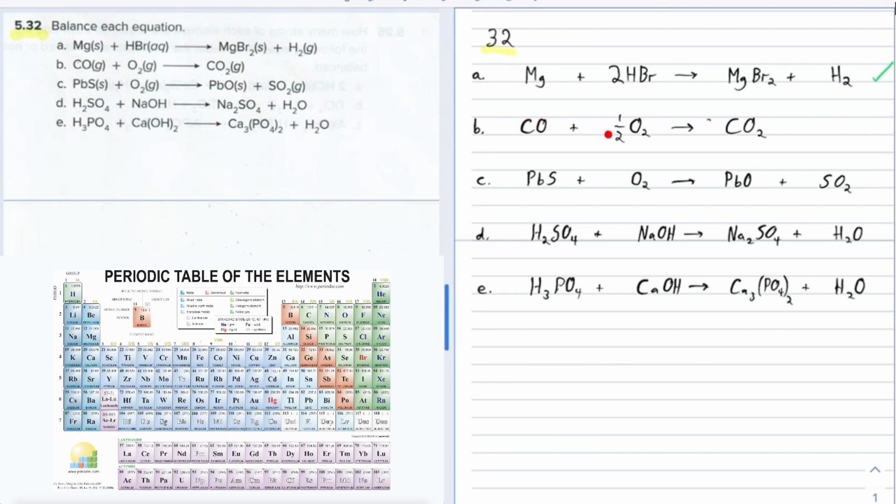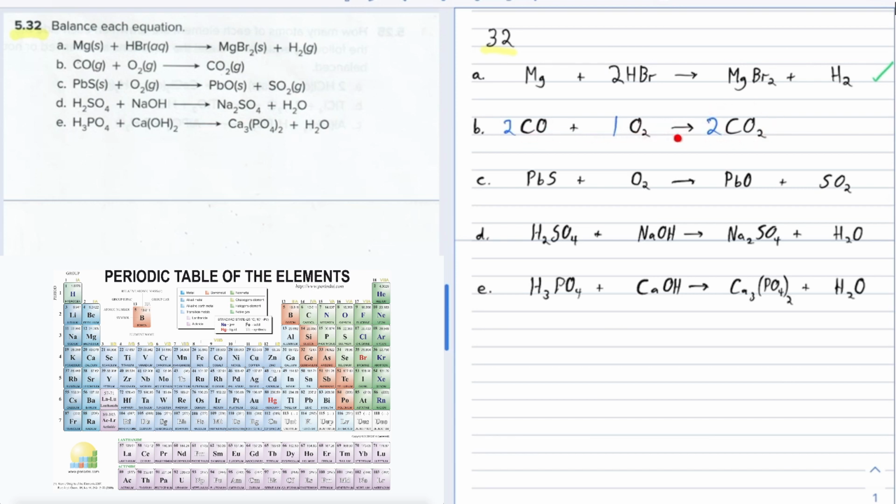So multiply all the coefficients, 1, 1/2, and 1, by 2, and that's going to give you a 2 here, and then 2 times 1/2 gives you a 1 right there, and then 2 times 1 gives you 2 here. So you see, we ended up with 2 on this one over here.